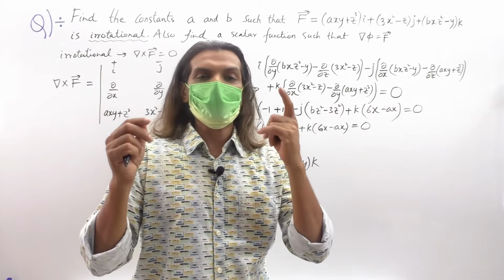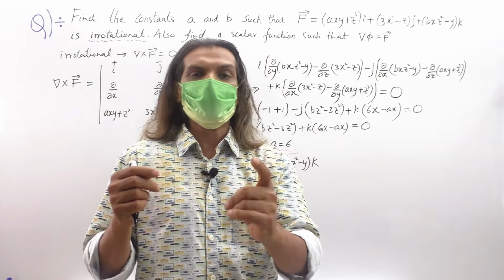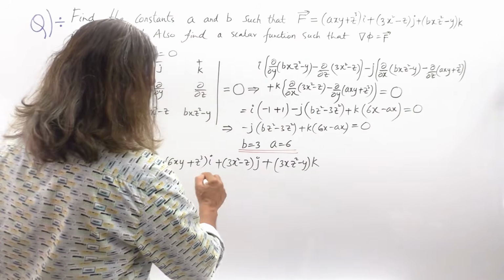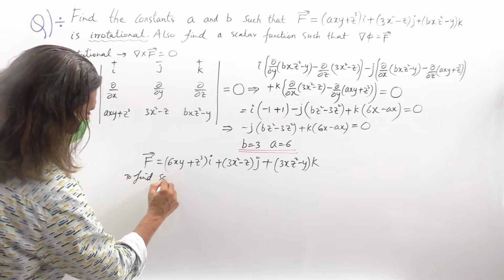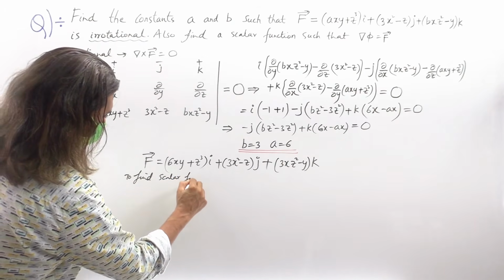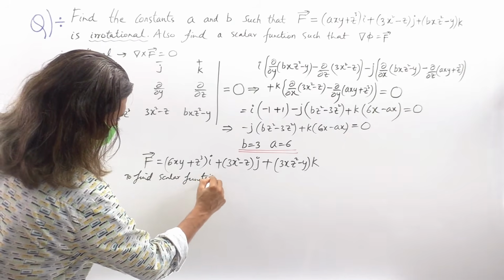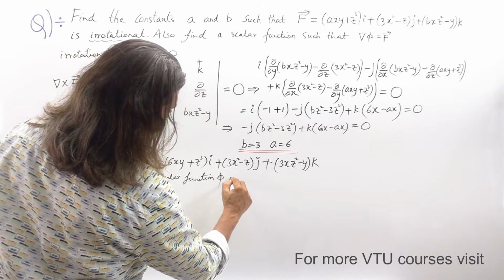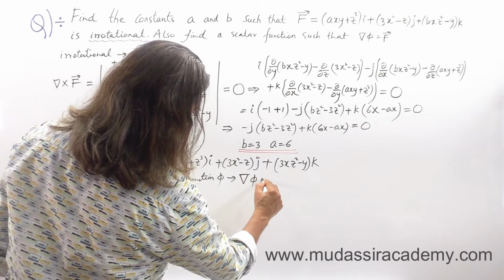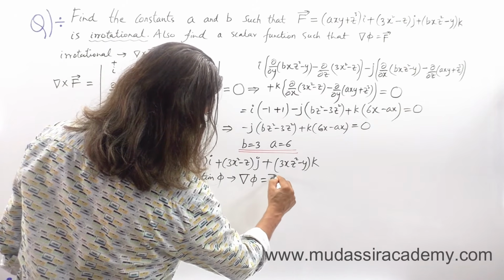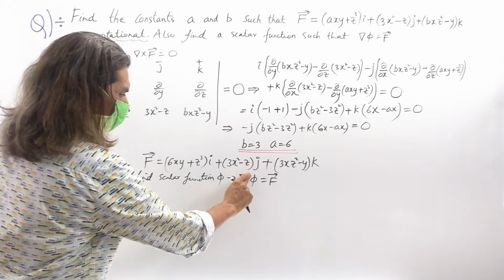If they don't give it, you have to memorize it. Always the condition to find the scalar function phi, or scalar potential phi, is del phi equal to f. So we have to find the scalar function phi. What's the condition? Del phi equals f vector. So now let's use this condition.